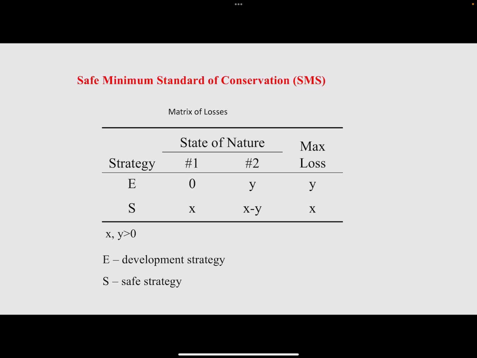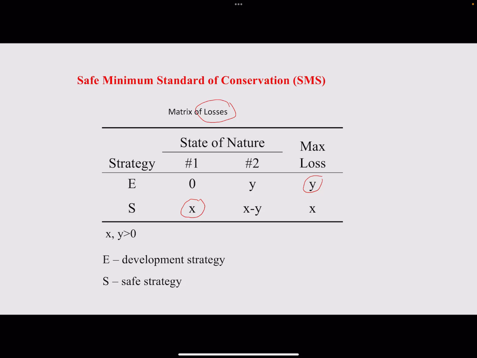So it works like this. Suppose you have a matrix of losses. If you have a development strategy and the state of nature number 1 comes out, there's no loss. If the state of nature 2 comes out, then the development results in a loss, and the maximum loss is y. If you choose the safe strategy and the state of nature number 1 comes out, you lose the cost of that strategy, x. All right?